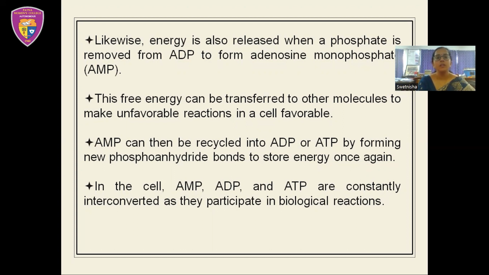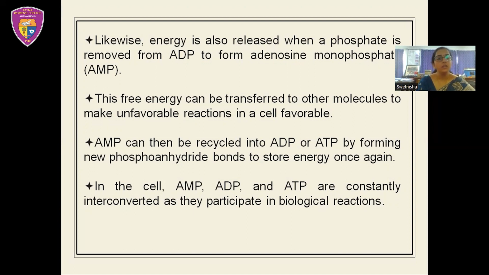So why does this conversion of ATP to ADP take place? Because the high energy stored in the phosphoanhydride bond of ATP, whenever it is broken, releases energy, and that energy is transferred to those endergonic reactions, and then those endergonic reactions can take place.